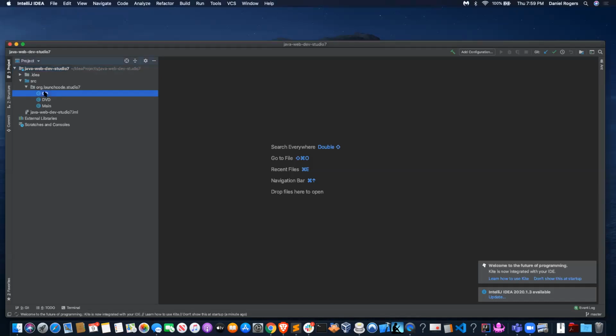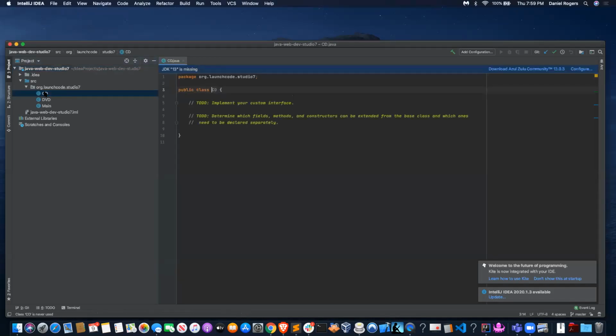It suggests we look at the CD and DVD classes, and we're adding fields and methods by extending a base class and implementing our newly created interface.